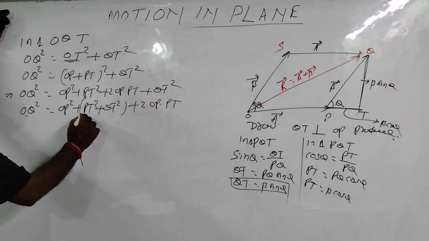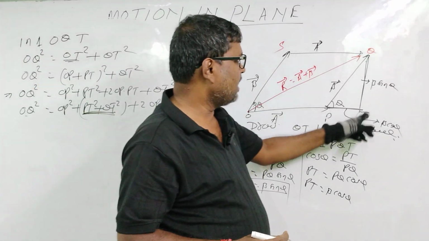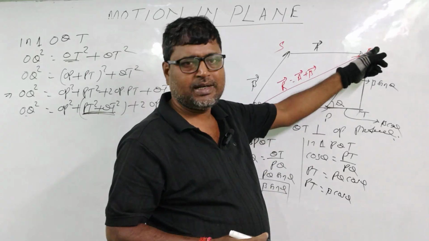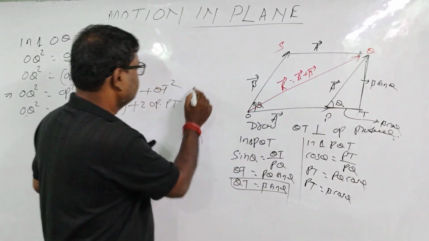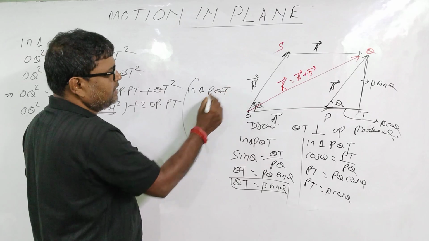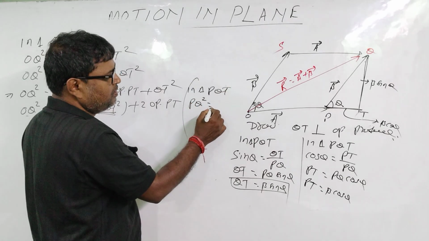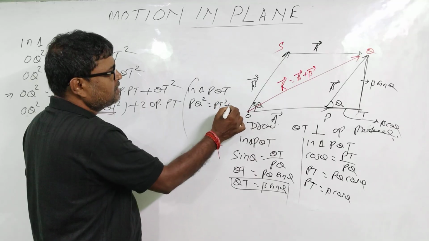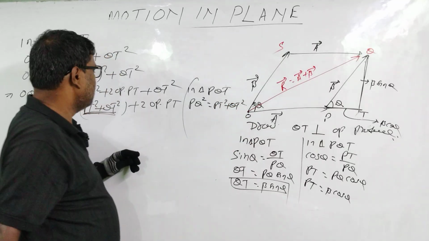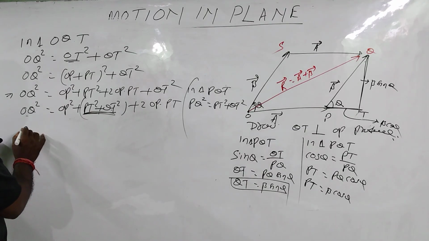PT square plus QT square equals PQ square in the small triangle PQT. In place of PT square plus QT square we write PQ square.